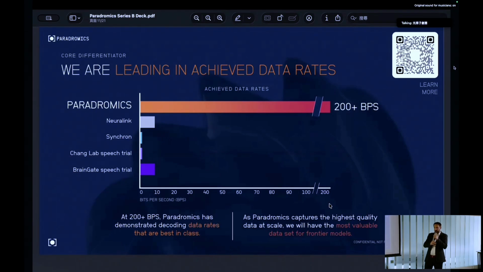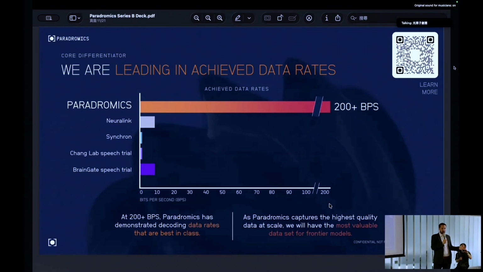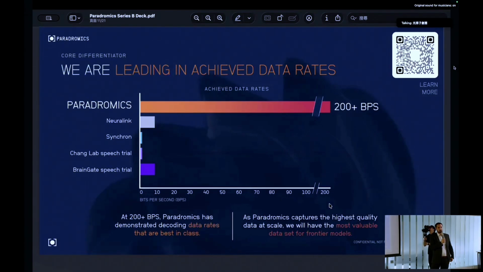Approximately every 3 years, the amount of information that you can push through a brain-computer interface will double, and that will have profound effects on what you can do with the technology. And it's going to be the companies that have the capability to continue reinventing themselves and continue pushing the technology forward that ultimately open up this space for all of the exciting things that we know are possible.